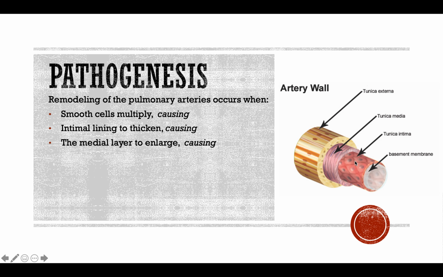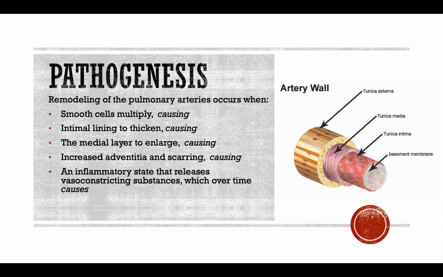That causes the medial layer to enlarge. So now we have this layer is getting bigger. This causes an increase in adventitia and scarring, which causes an inflammatory state that releases vasoconstricting substances. So not only are we thickening, but now the inflammation is causing vasoconstriction, which further narrows those arteries down.